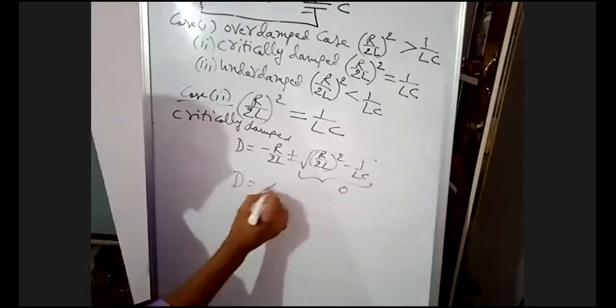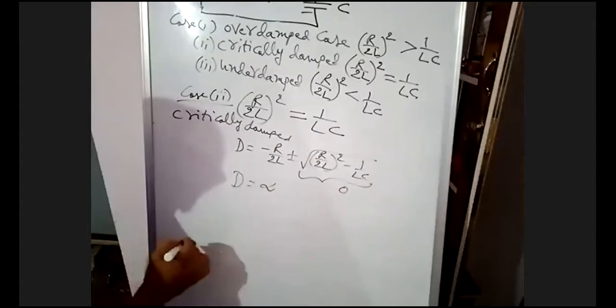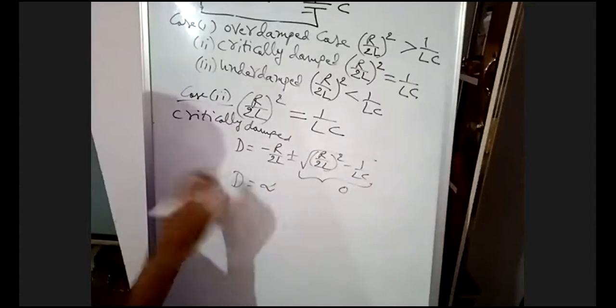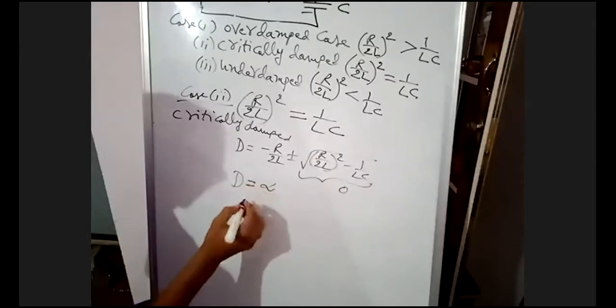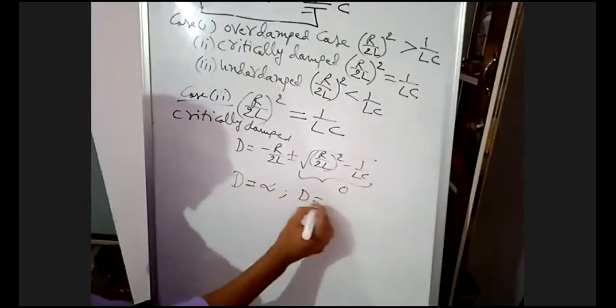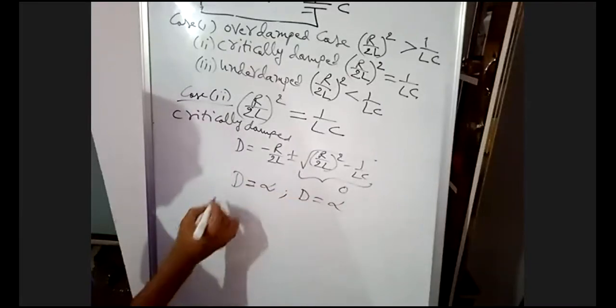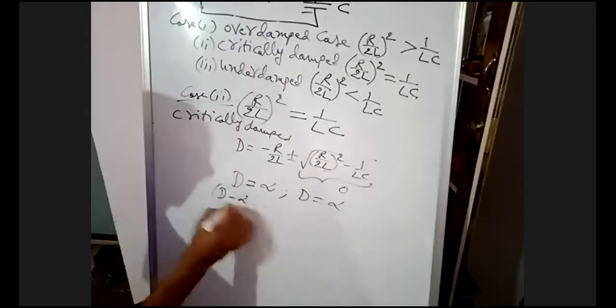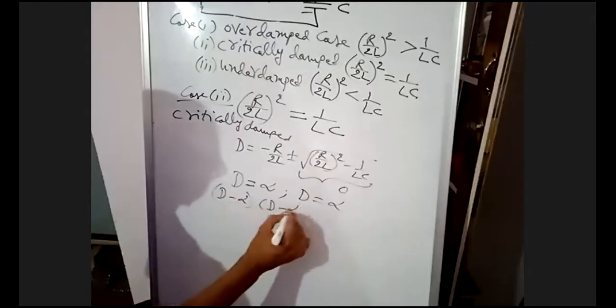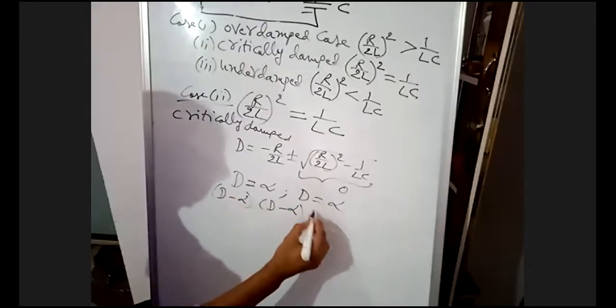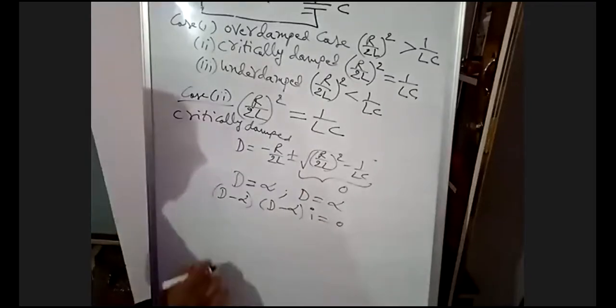Therefore, D is equal to only alpha. Since it is a second order equation, we have two roots. Both the roots are alpha only. So, (D minus alpha)(D minus alpha) into I is equal to 0.